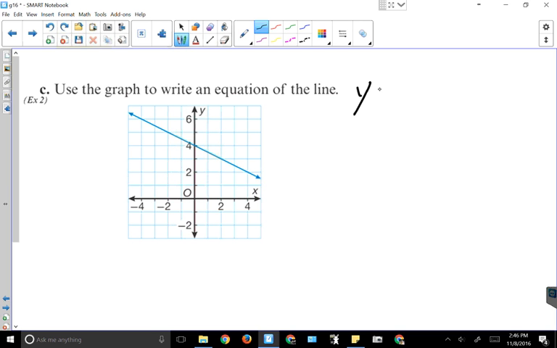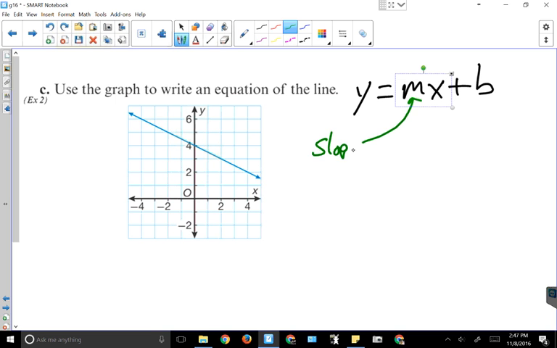I think you're looking right at it. Is it this bit? Yeah. So we always want to go to this y is equal to mx plus b. That's the form that we want to have. So the next thing I want to do is try and identify what this is, which is going to be the slope.